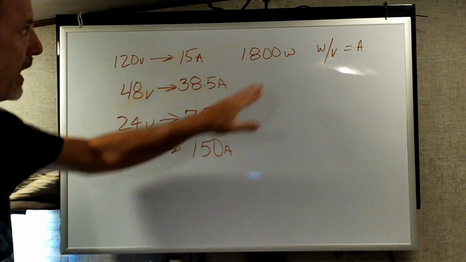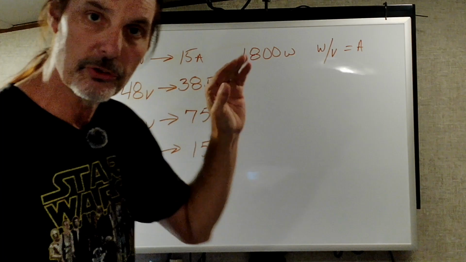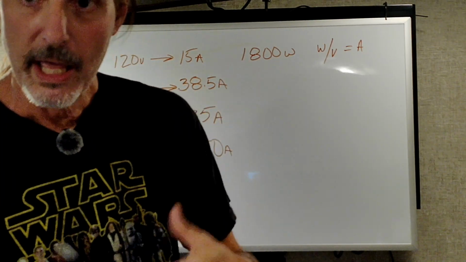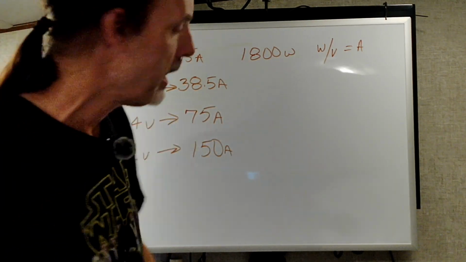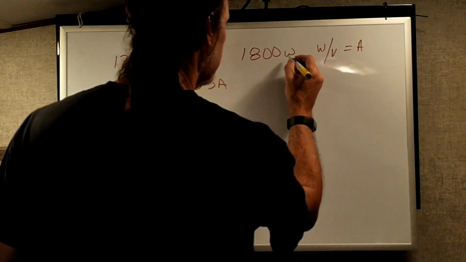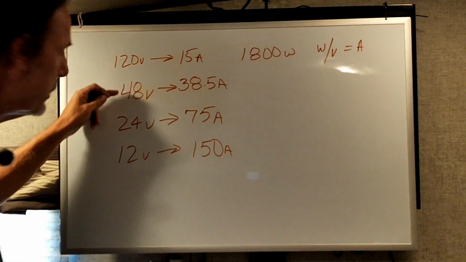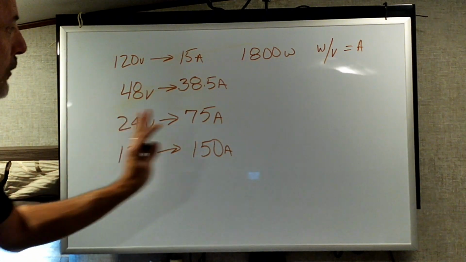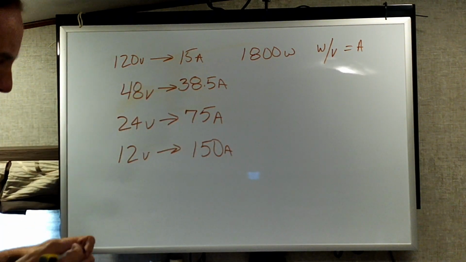All right, so at 38 amps, each one of these is going to be able to provide the 1800 watts. So this needs to go through an inverter. The inverter would in turn take your 1800 watts of whatever voltage you happen to provide and translate that into the 120.